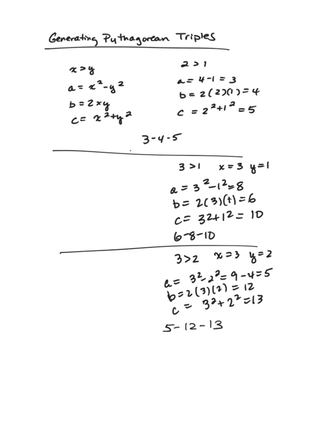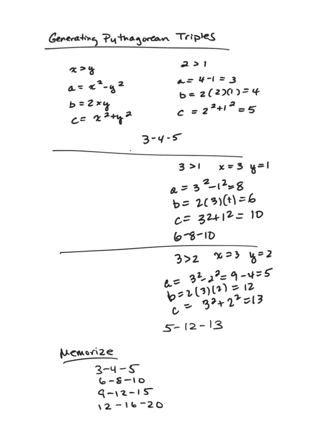Okay, so you get the idea, right? Anyway, the triples that I recommend the kids memorize are 3, 4, 5, because you can generate any multiple of that. So, 6, 8, 10 is just a multiple of that triple. Multiply it by 3, multiply it by 4.